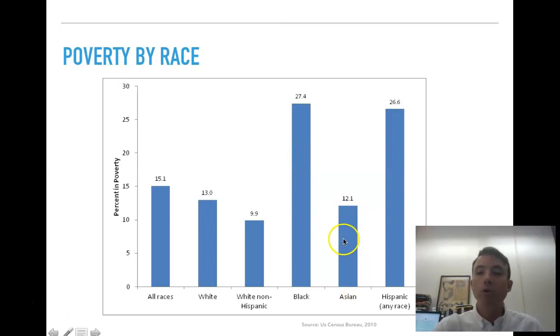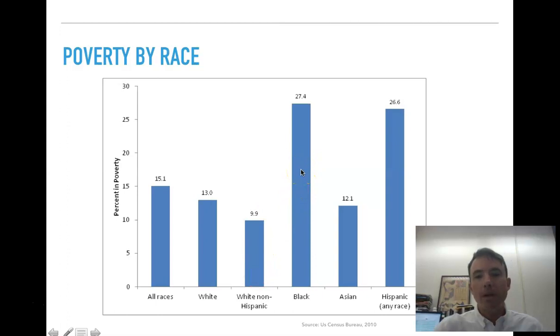Asian Americans at 12.1%, and Hispanic of any race. So that's including people who identify as multiple race, but also include Hispanic in their demographic indicator at 26.6%.